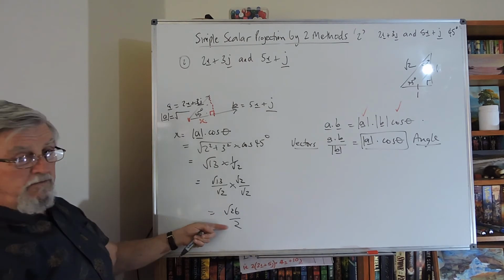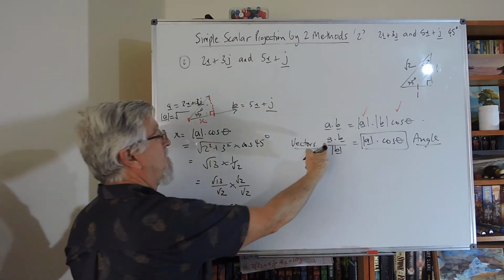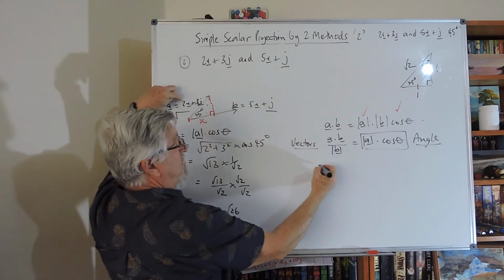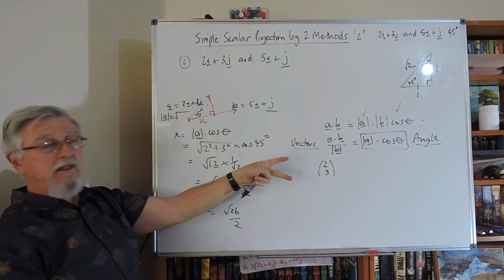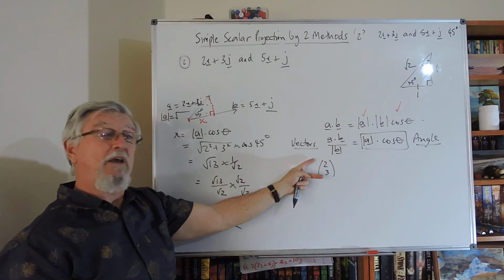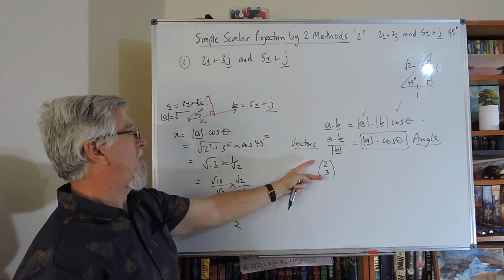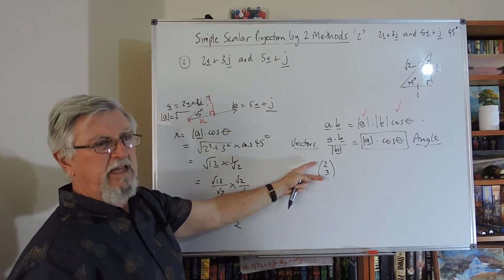So we know we want to get root 26 on 2. Let's have a look at the formula. I'm going to write that 2i 3j as 2, 3. You can write vectors this way, or you can write it that way. I like this way once you get used to it, because it's much quicker to work out and less mistakes.